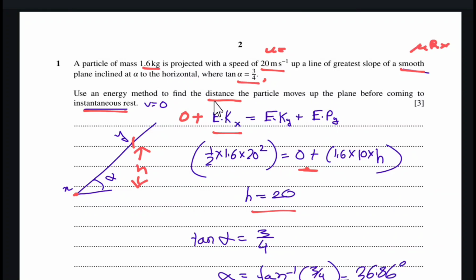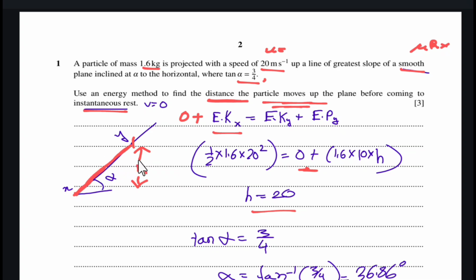Now the question says to use an energy method to find the distance the particle moves up the plane. What we actually found is the vertical height, but the distance the particle moves is the distance that the particle covers along the plane. So how do we find this distance?